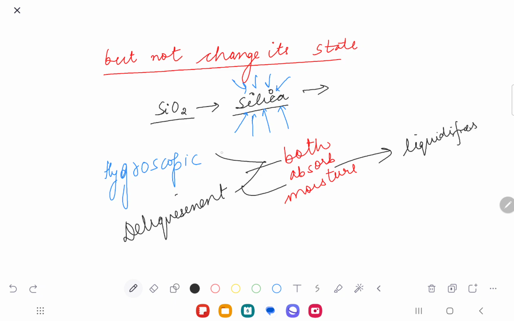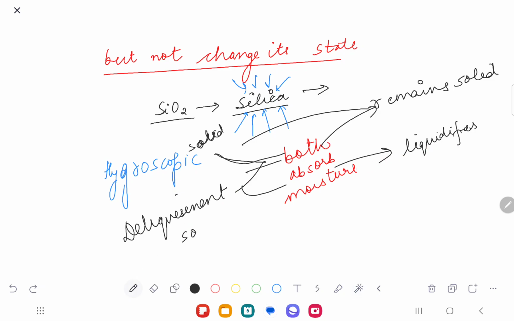Hygroscopic was solid and will remain solid. That's the difference. Deliquescent, after absorbing moisture, becomes from solid to liquid in the beaker itself, and it dissolves.